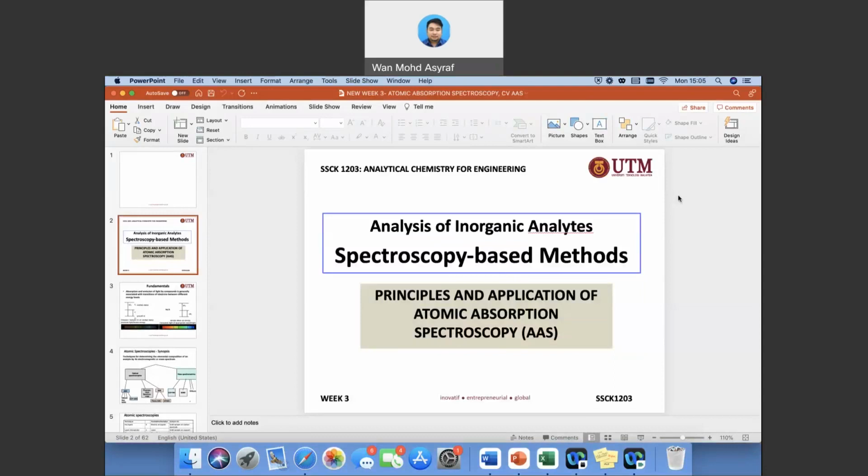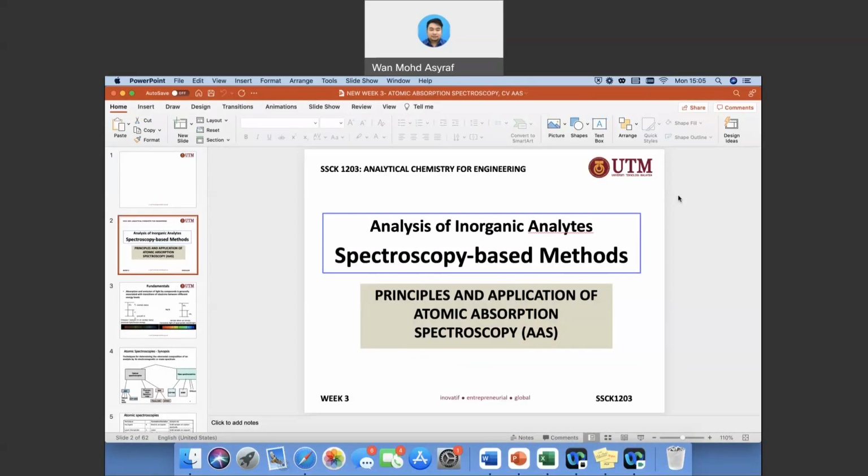All right, so before this, the first instrument that you have learned is UV visible spectroscopy. As I mentioned in the previous lecture, UV visible spectroscopy is usually used for molecular compounds.